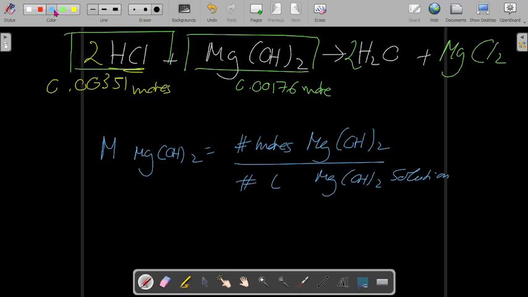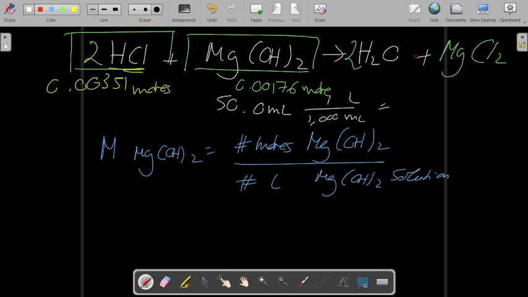They did give us the amount of the solution. We had 50 milliliters. And the first thing we need to notice is that we don't have liters. So we need to change that. Milliliters to liters, 1,000 to 1.